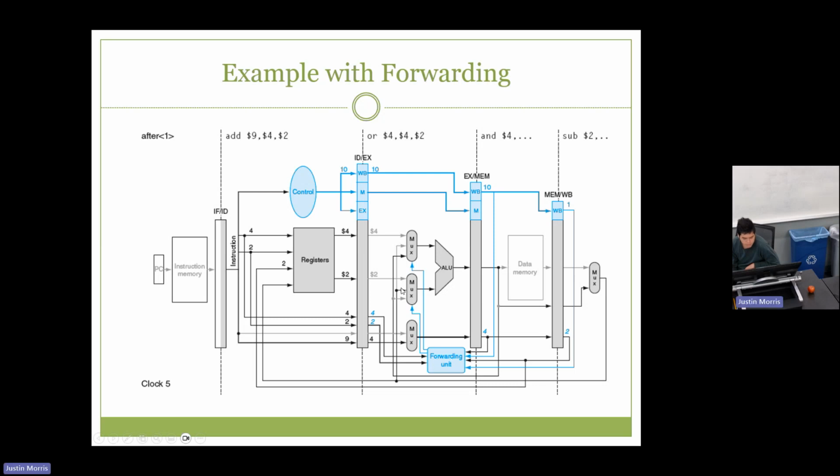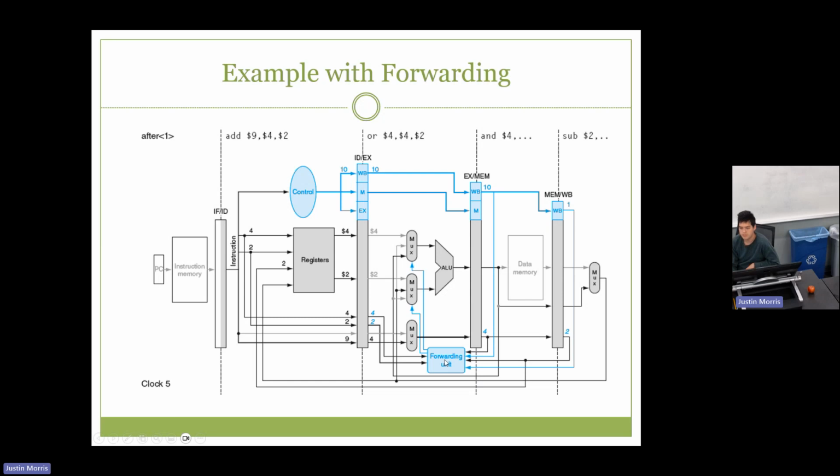So please use this new value coming from the output of this mux rather than the old value you read from the register file. Right? So this forwarding unit is responsible for figuring all of this out. Okay?